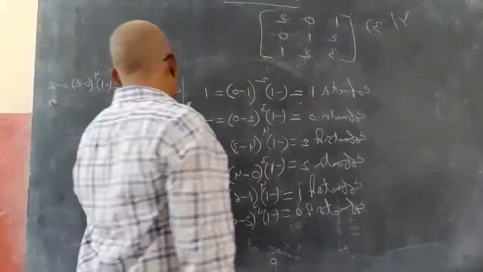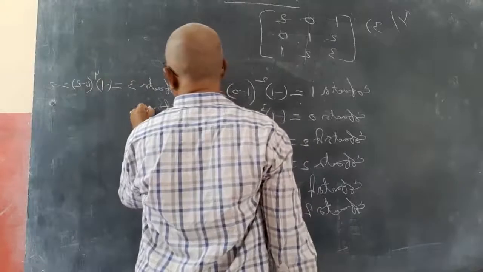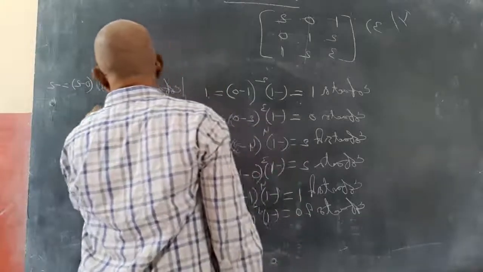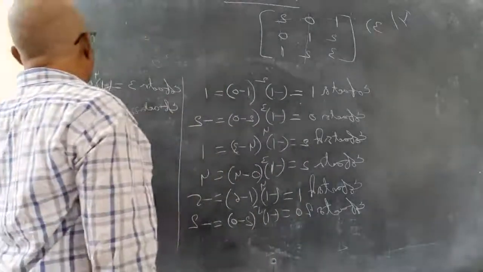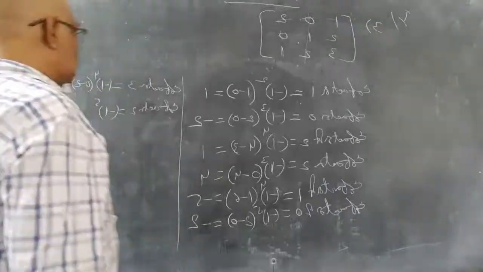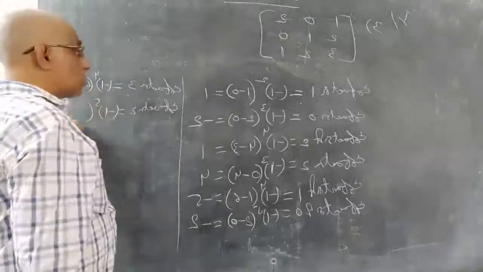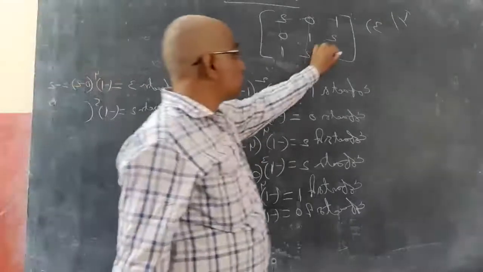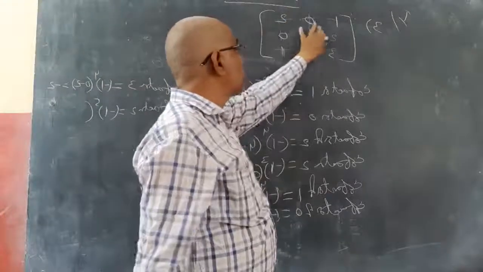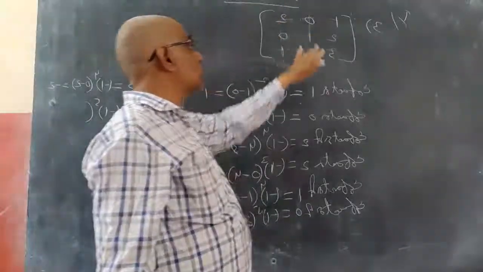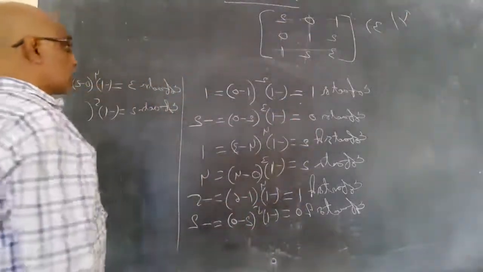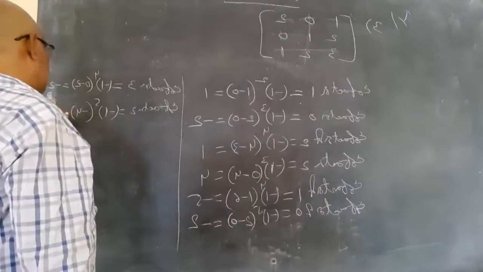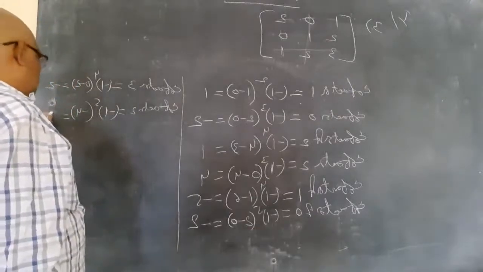Next, cofactor of 2 equals -1 to the power 5, third row, second column, 3 plus 2, 5, into closing this row and that column. Left out is 0 minus 4, which is -4. -4 into -1 is plus 4.